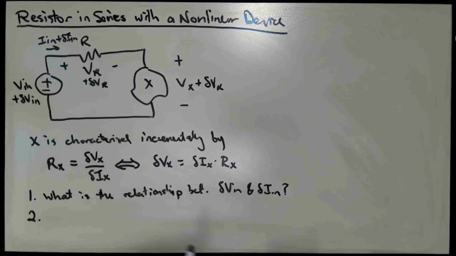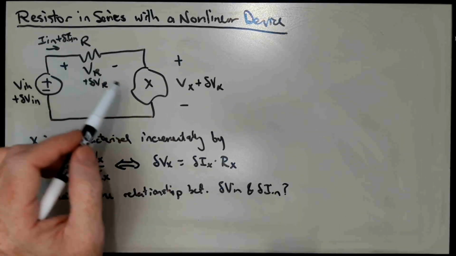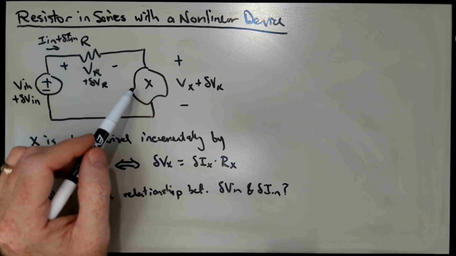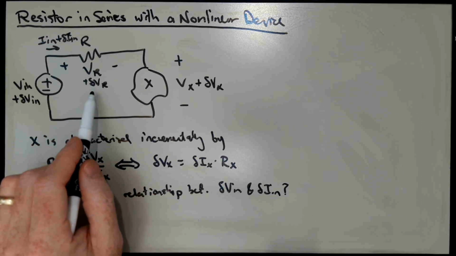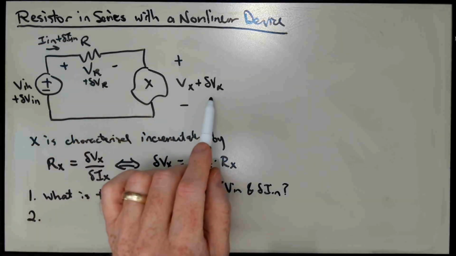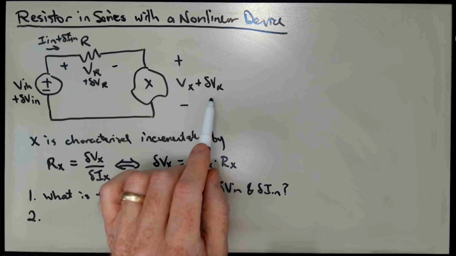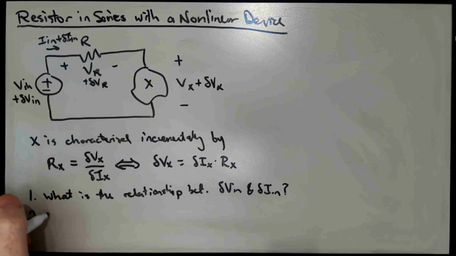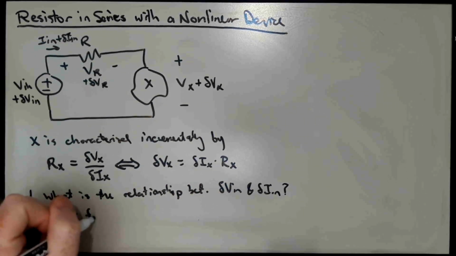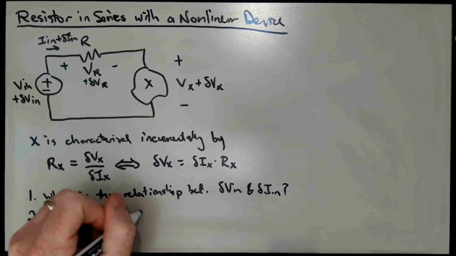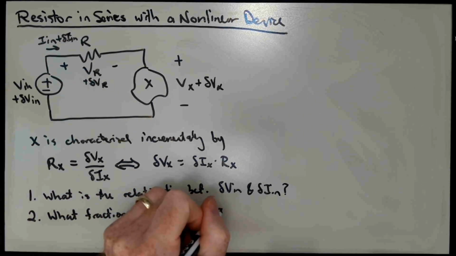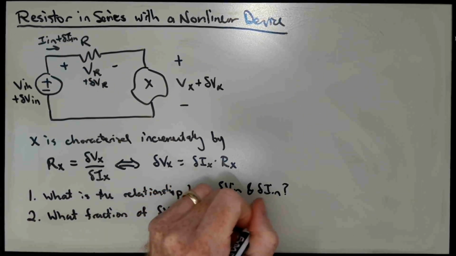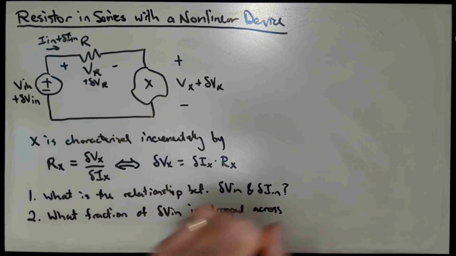And two, if we think of this as analogous to a two-way voltage divider, we've got some total voltage increase here, delta Vn, and some fraction of it is dropped across the resistor, and some fraction of it is dropped across this nonlinear device X. What fraction of delta Vn is dropped across X?